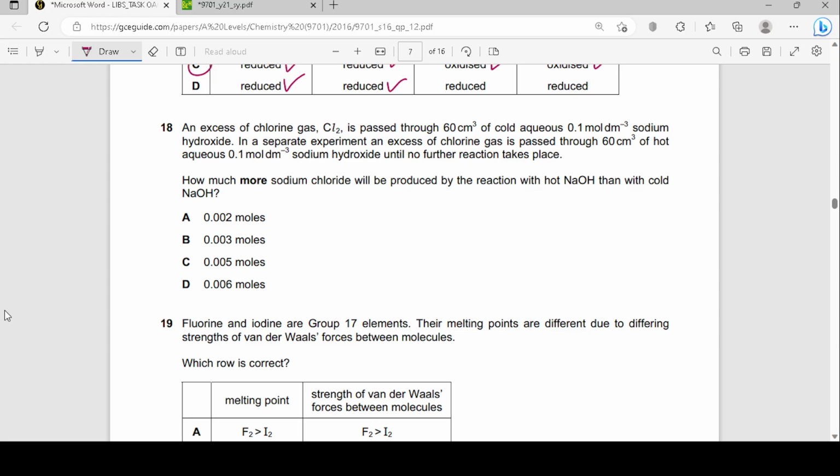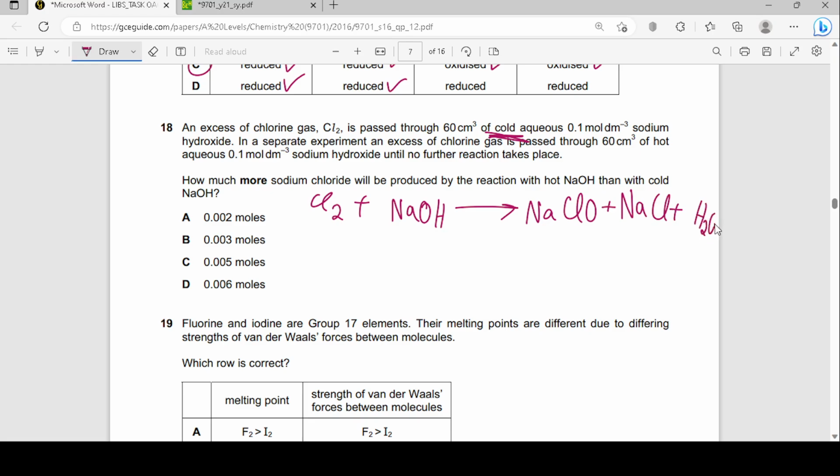Okay. So let's write down the equations first. Cl2 with cold NaOH, right? So that will give you NaClO. So one of them is NaClO, and then the other chlorine atom will be NaCl, and you would have H2O.